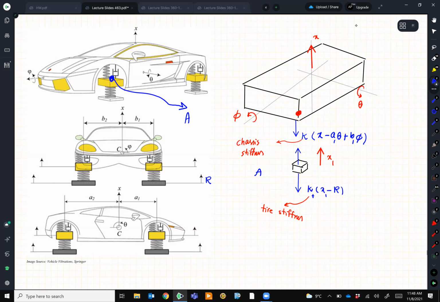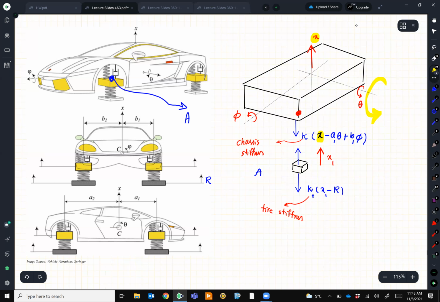Let's pause and make sure that I got it right. So I have X creates a tension because the whole car moves up. This is what I decided for my X. Then this theta comes into play. Theta deflects or compresses the spring. How much? By A theta, right?